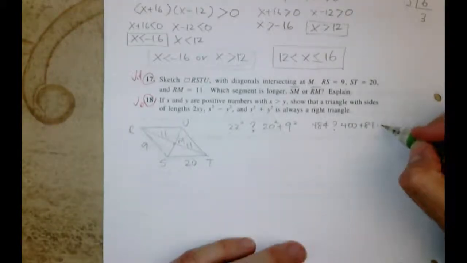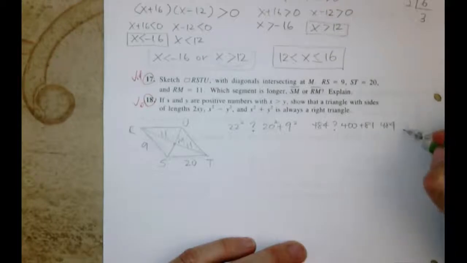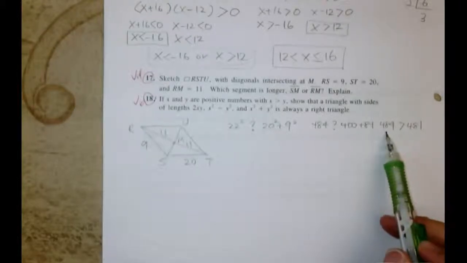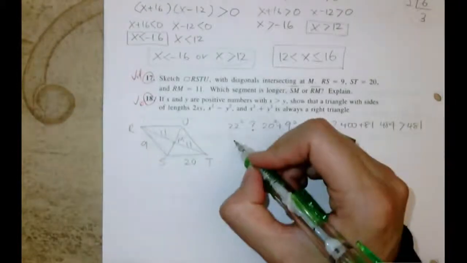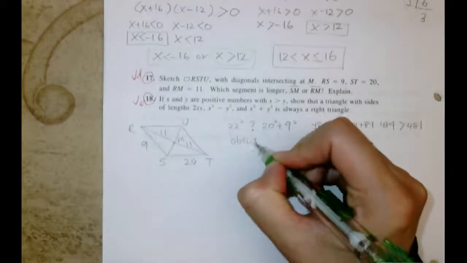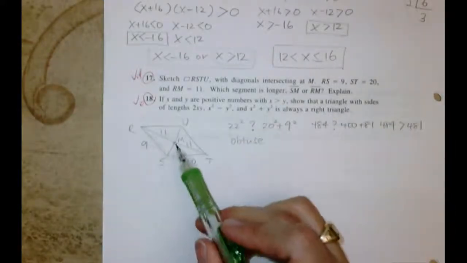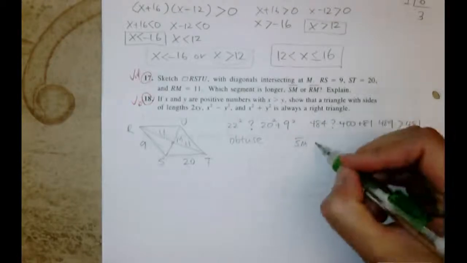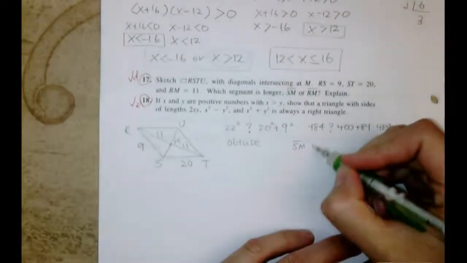So 484 is greater than 481. Since the hypotenuse is longer, that means it's obtuse, right? So that means SM is shorter than RM. SM is shorter.